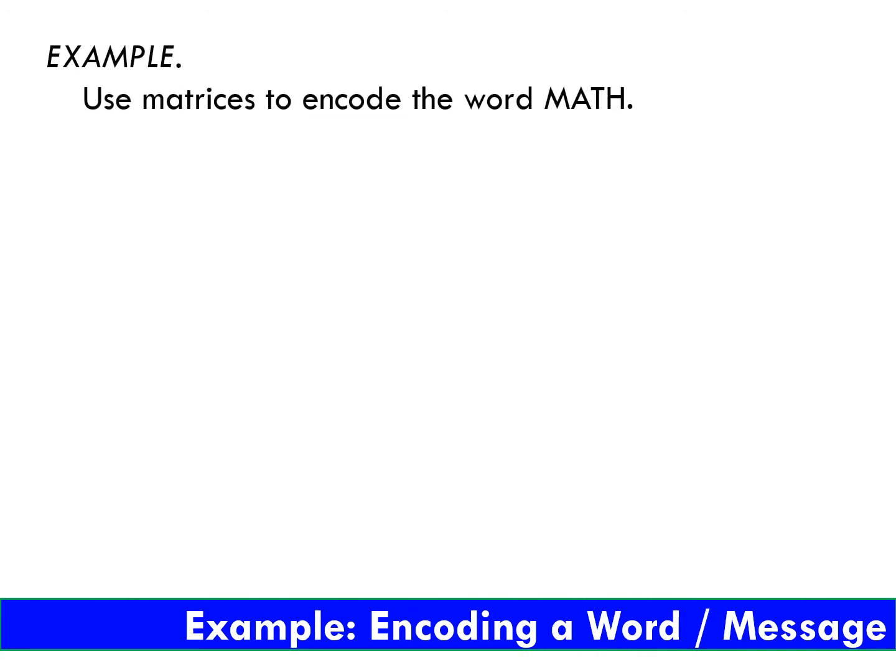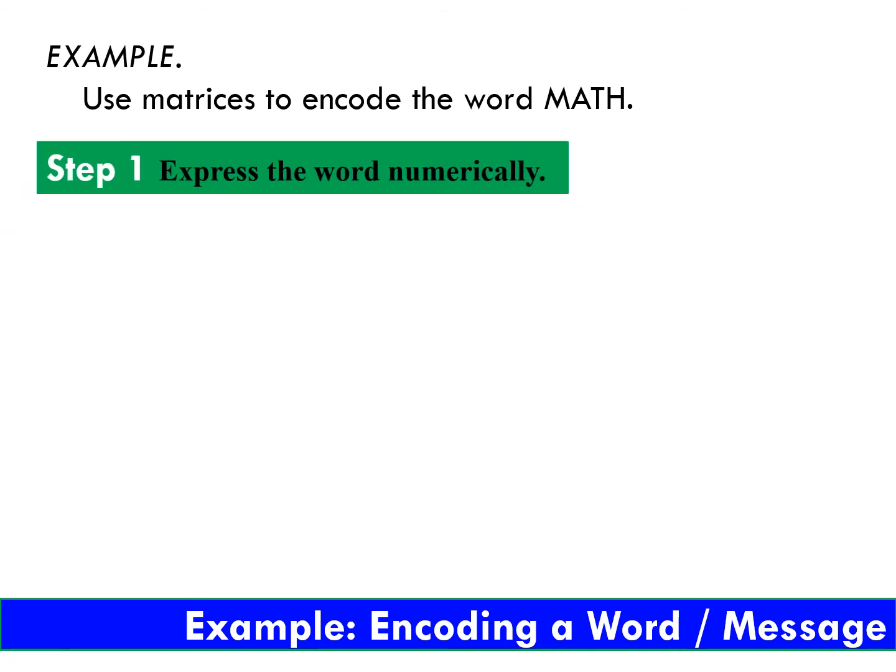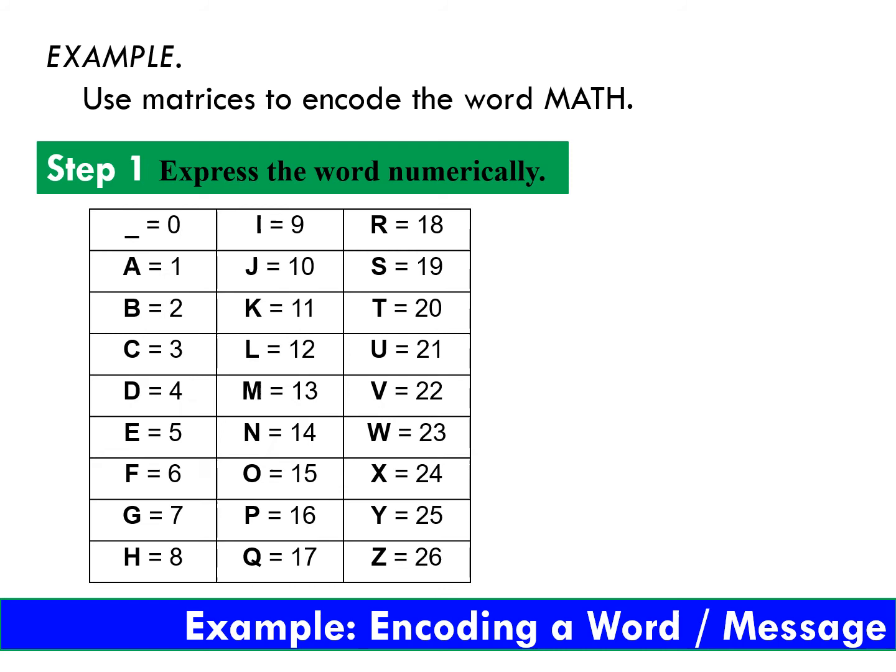Let us have this example for encoding a word or message. Example: use matrices to encode the word math. Step 1, we shall express the word numerically. So we shall use the character key as discussed earlier. As shown previously, the numerical equivalent of math is 13, 1, 20, and 8.